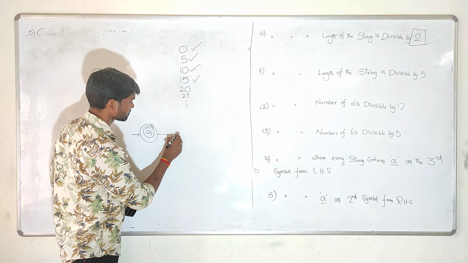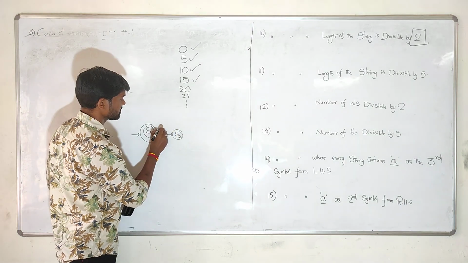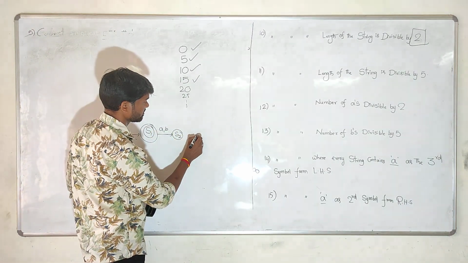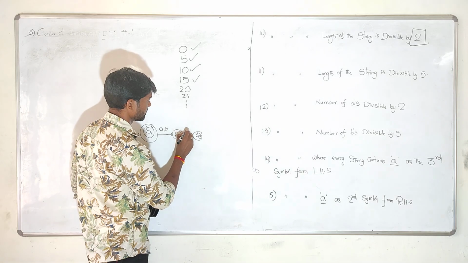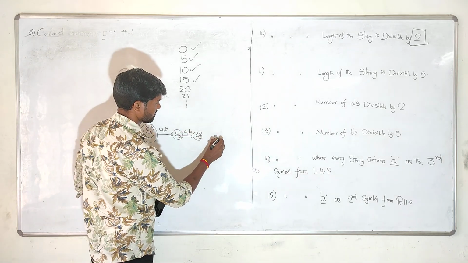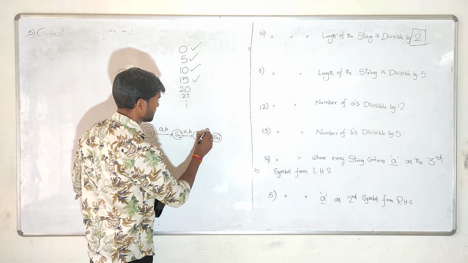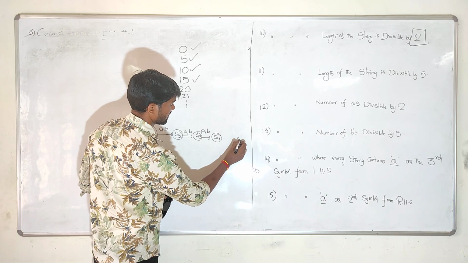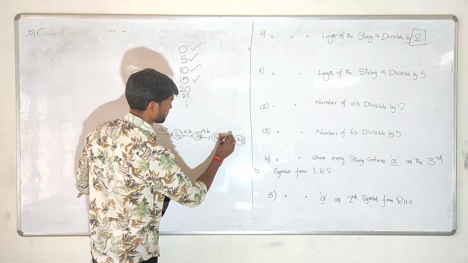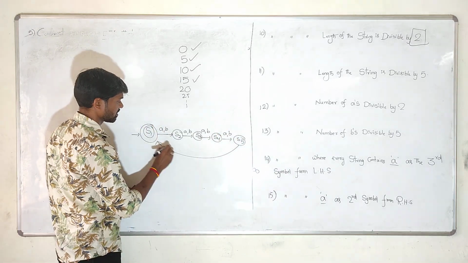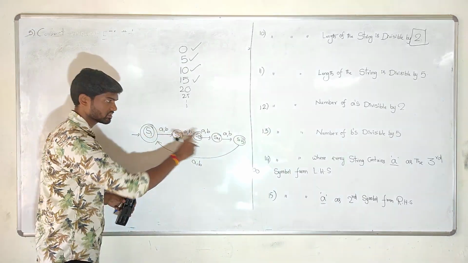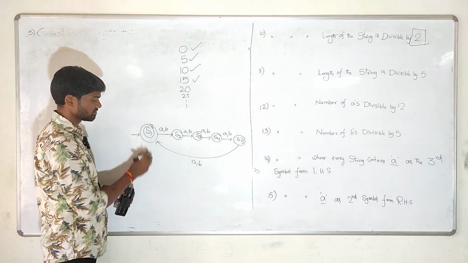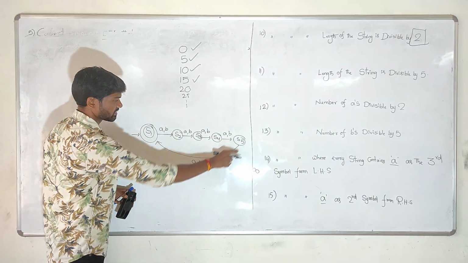Then after a single A comma B, then after another single A comma B, and another. Like this. See, it always forms the 0 length string, then the 5 length string.